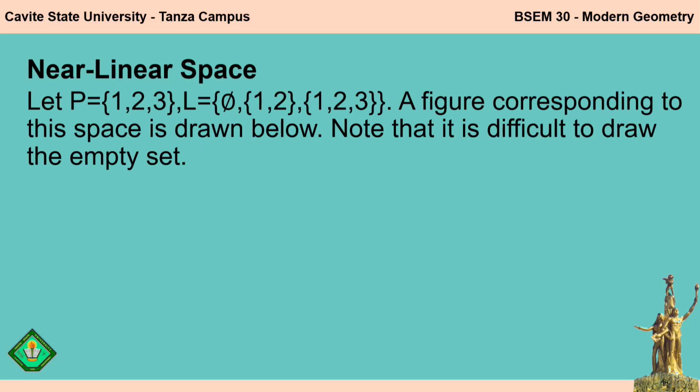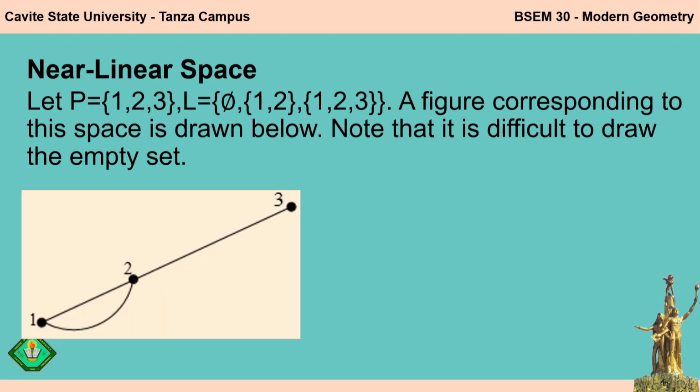So this is a near linear space. Okay, here is another example. Let P be the set of points 1, 2, 3, and L be the set of lines, which includes the empty set, the line connecting points 1, 2, and the line connecting points 1, 2, 3. A figure corresponding to this space is drawn below.